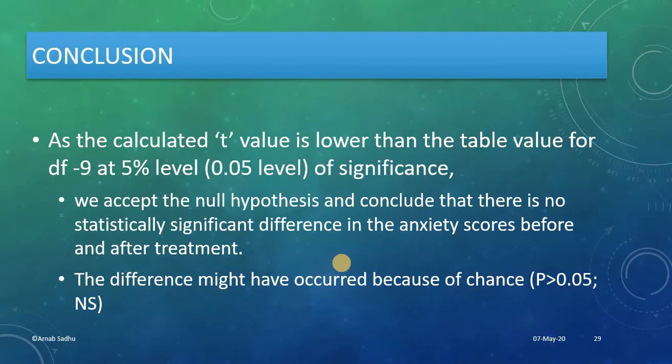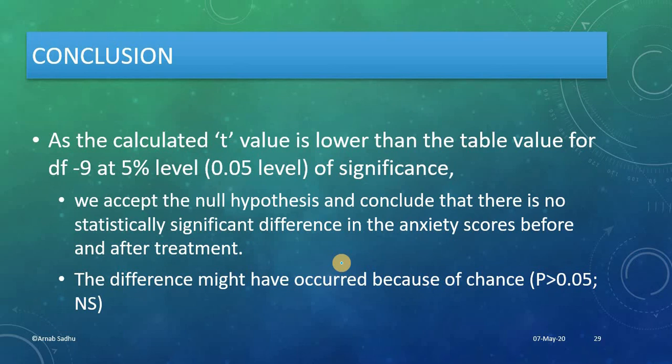So in this case, as the t value that we got is lower than the table value 2.21, we accept the null hypothesis, and so we can say that we do not have enough evidence to prove our statement, and conclude that there is no statistically significant difference in the anxiety score before and after the treatment.